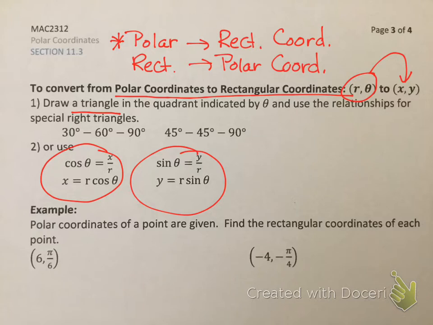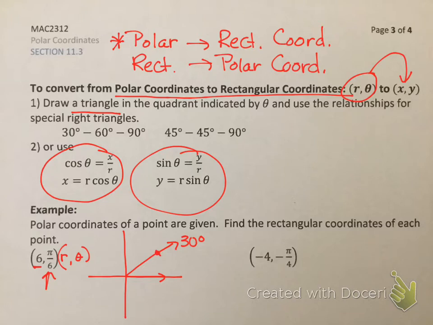So let's start here. Here is my r comma theta. So if I make a quick sketch of this, this tells me that the initial side of my angle is here, the terminal side of my angle is here. It's a 30-degree angle. Because this is positive, I need to go out 6 units. So here's my point.